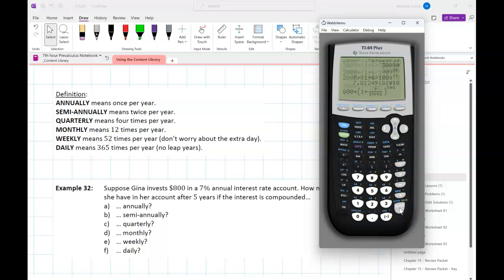So this is annually, $1,122.04. If I change that K to 2, how much impact do you think this is going to have?